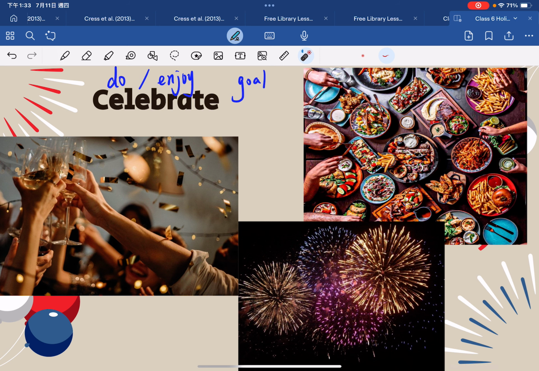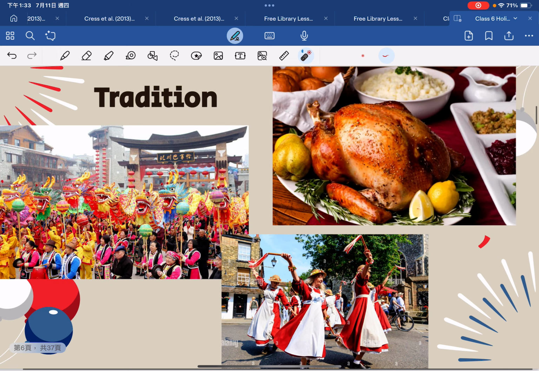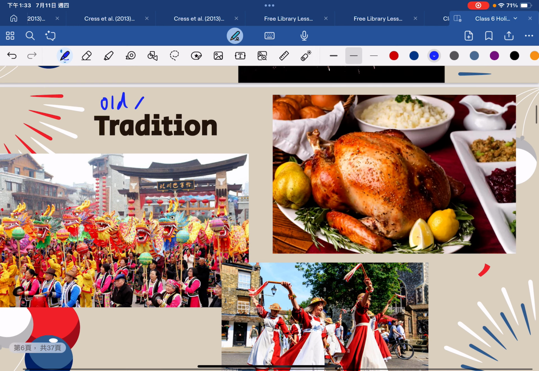Also, we have tradition. What is tradition? Tradition means something that is old, something that happens from the past. So you follow the same kind of rules. For example, on the upper right corner, we have turkey.